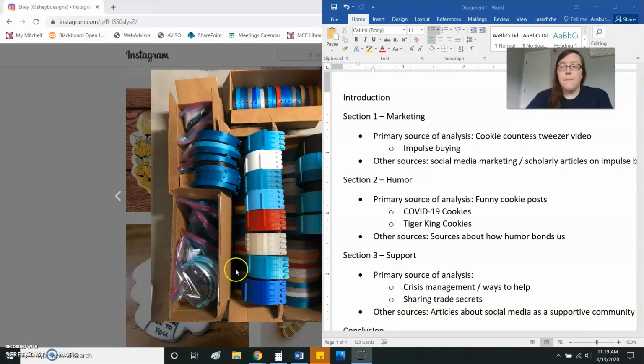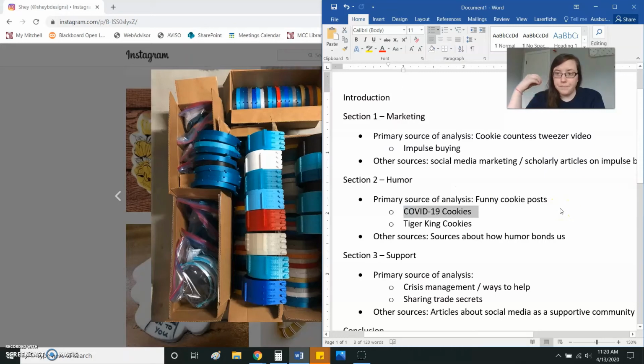And so if I took my section here on humor, for example, I might decide that what I want to do is have 1 or 2 paragraphs presenting how people are using humor in creating these cookies.